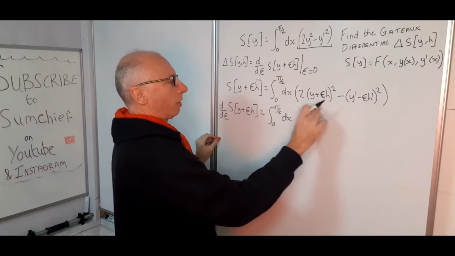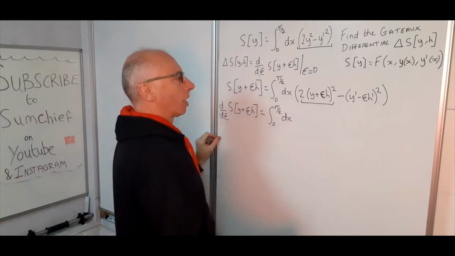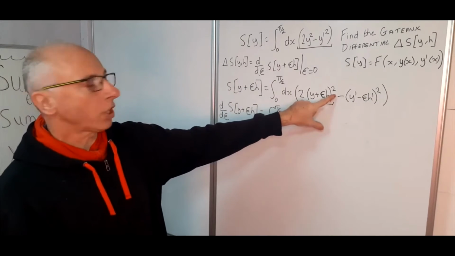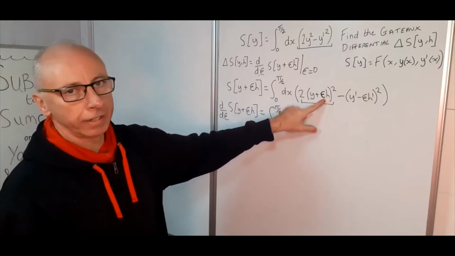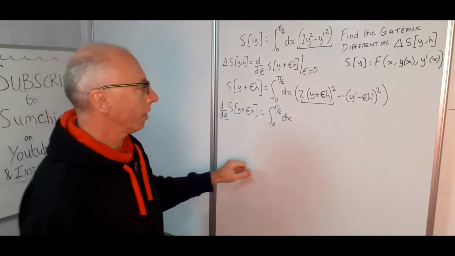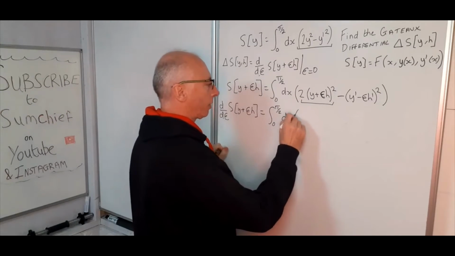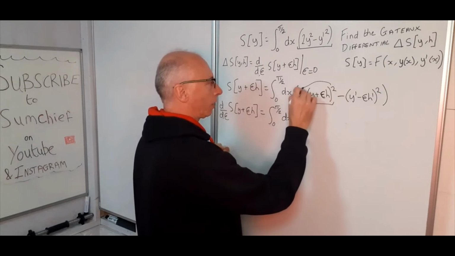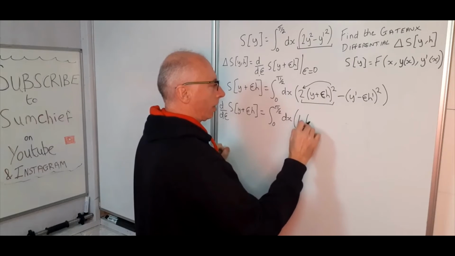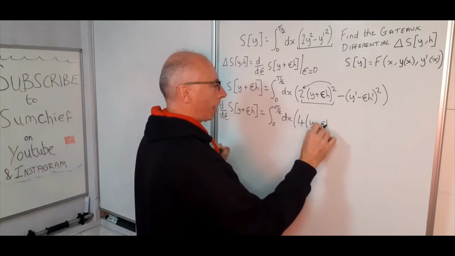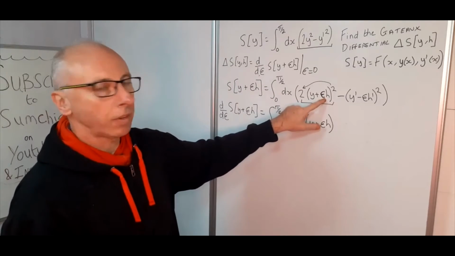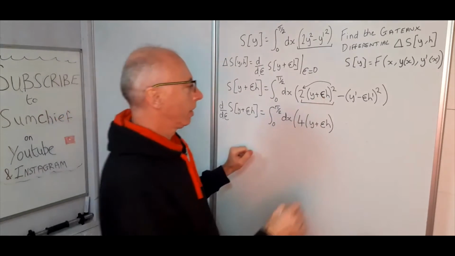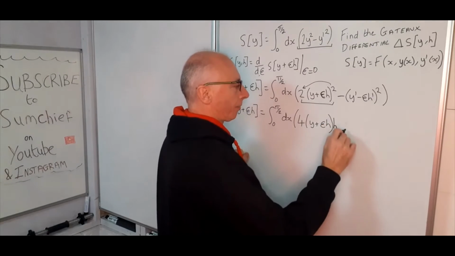First of all, let's deal with this term. Now we can use the chain rule here, bring the 2 out front, reduce that by 1, and then take the derivative with regards to epsilon of what's inside the bracket. So that will then give us 4, bringing the 2 out here, and then y plus epsilon h, that won't change, and then the derivative of epsilon h with regards to epsilon is just h.